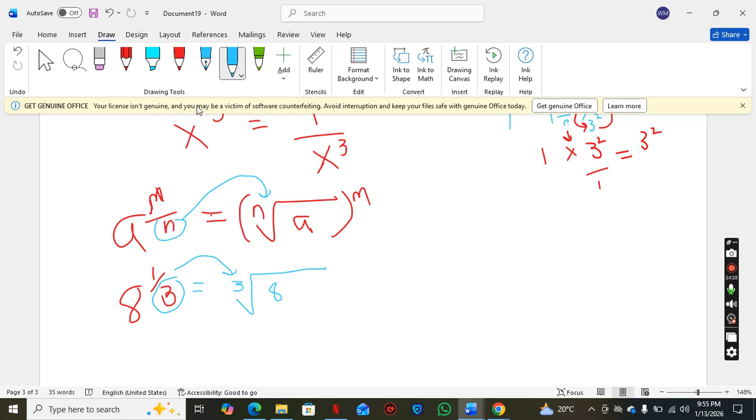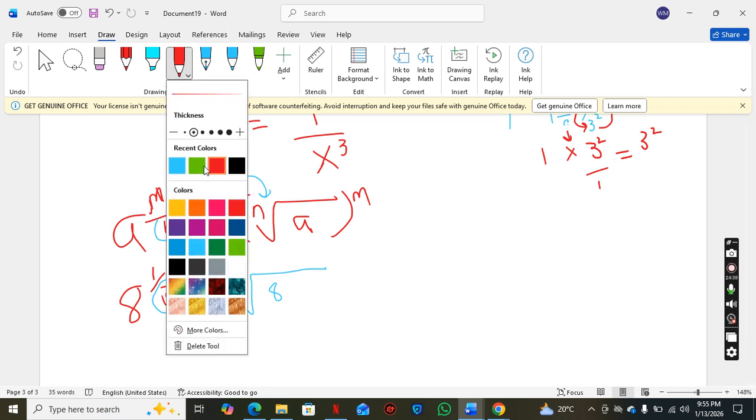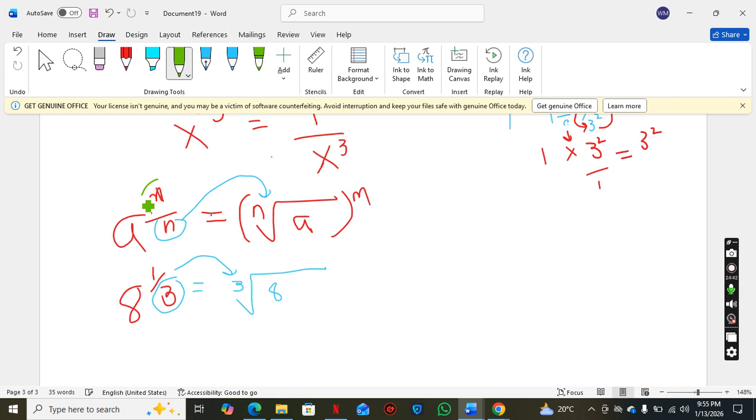Then the numerator is the power after you've done your root. As you can see, the numerator m is here, so to the power 1. This 1 has come outside here. So the cube root of 8 is 2. Then you say 2 to the power 1 equals 2.